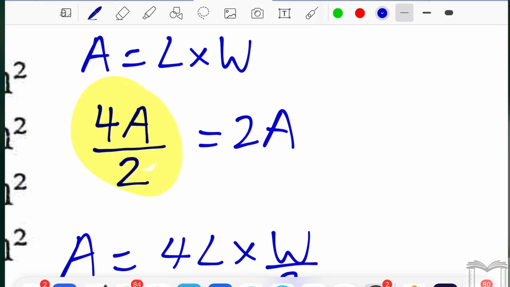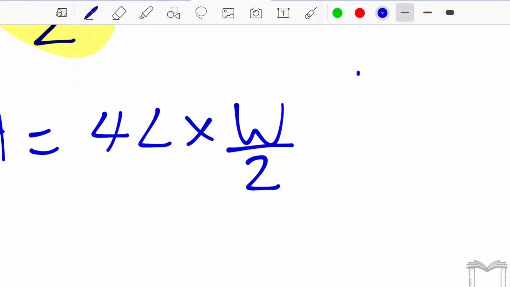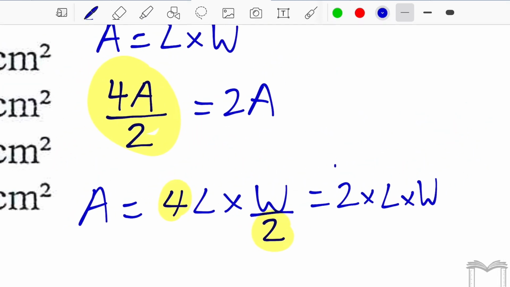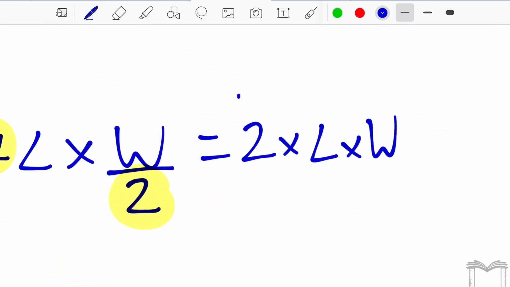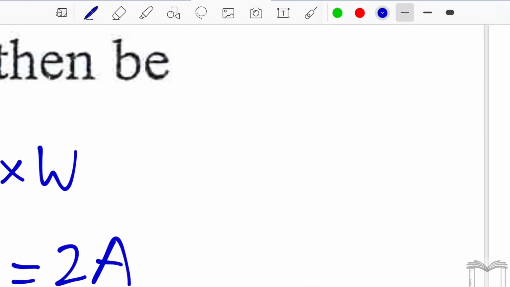So this will be 2a. The same thing happens here. 4 divided by 2 is equal to 2. So that's 2 times length times width. And we know that the length times the width is the area, so this is 2 times the area. So all we need to do is multiply the area by 2.